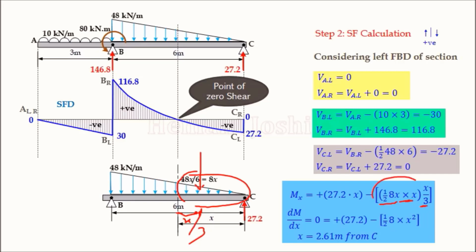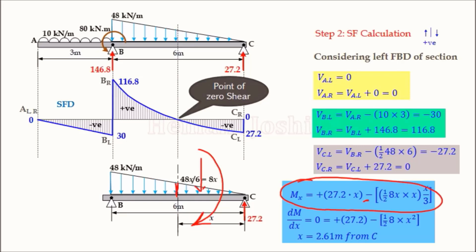This is the moment of the triangular load about the section line. Observe that the triangular load is acting downward, which will create a moment like this. According to our basic bending moment sign convention, it is hogging, or you can say inward moment. Inward moments are taken negative, so the sign is minus. This way we complete our bending moment equation about that section line.